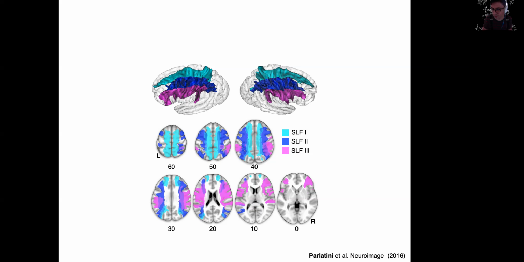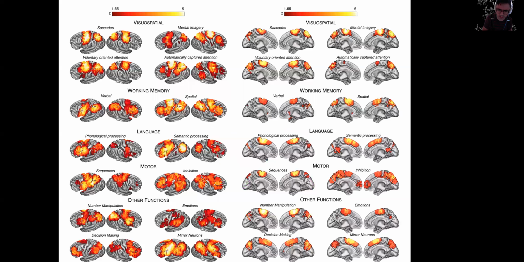If you combine all these studies, I think there were 800 and something, you can see a strong pattern of co-activation in the brain for 14 different functions that are clustered into main domains. You have the visuospatial function, which includes saccades, mental imagery, voluntary oriented attention, and automatically captured attention.